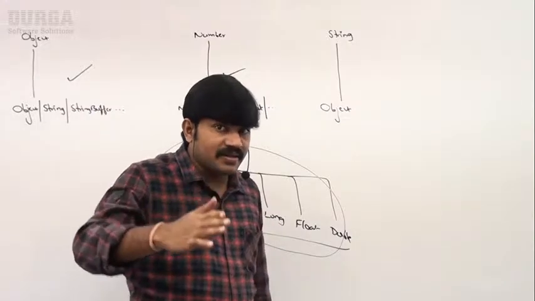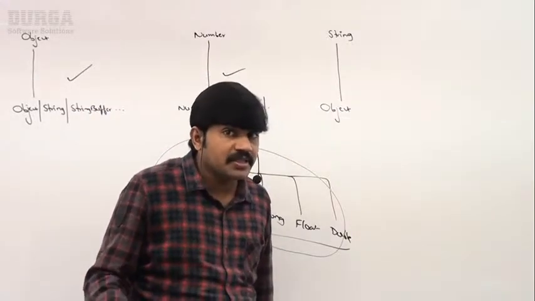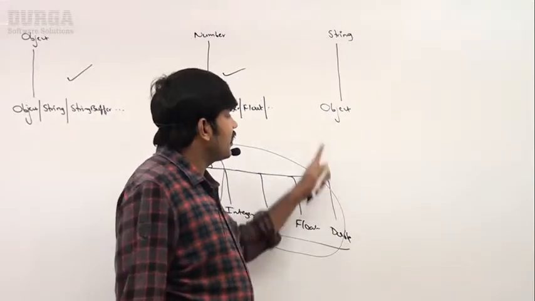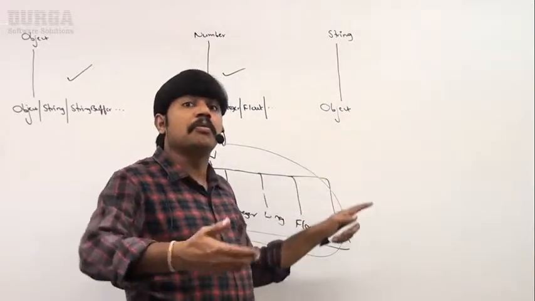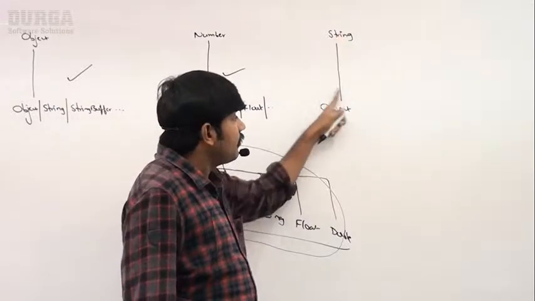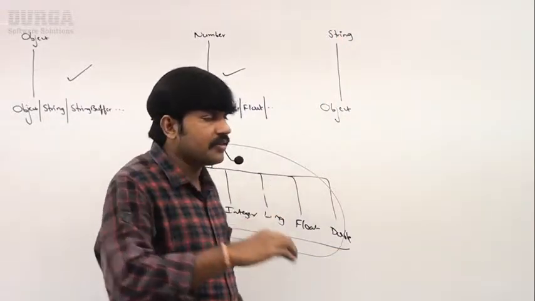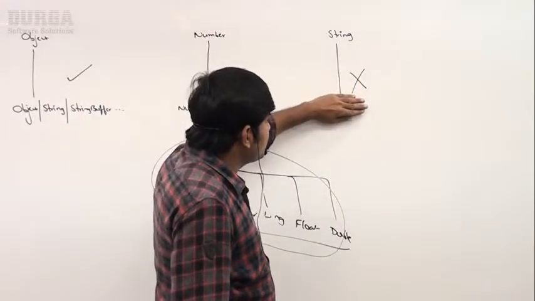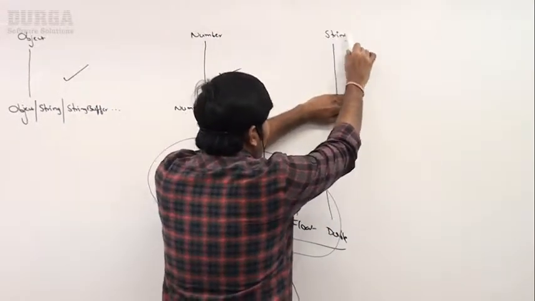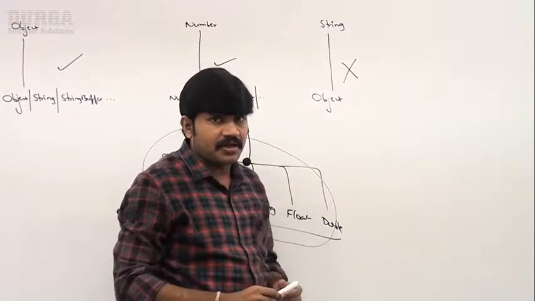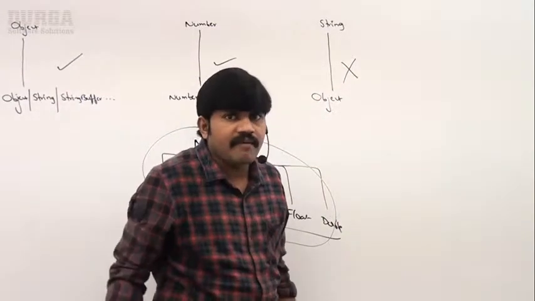Child method return type need not be the same as the parent method return type; its child types are also allowed. But here the child method return type is the parent of the parent method return type. For String, I'm taking Object as the parent. Sorry, this one is not acceptable. It should be either the same or a child, but not its parent. Immediately the compiler will give an error.